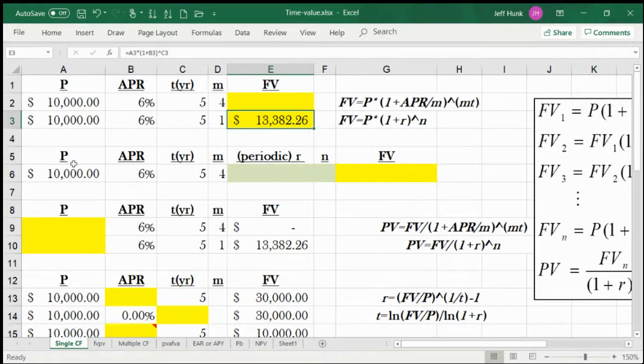Yes, you can do it that way, but the benefit of using Excel is if you have multiple problems of the same pattern, for example, if I have problems like this over and over, a dozen of them.